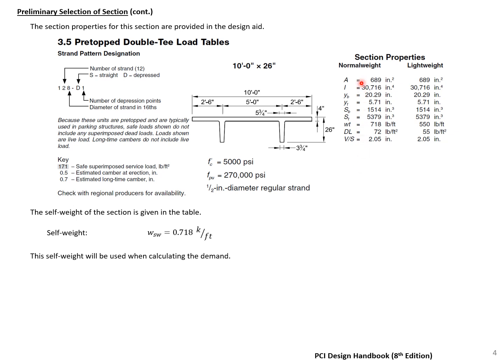And you can see that we have area, moment of inertia, the distance between the bottom and top to the centroid, and our different section moduluses. And then we also have our weight here. So the weight we can use, this is the self-weight of the section in units of pounds per foot, and I convert it here to kips per foot.